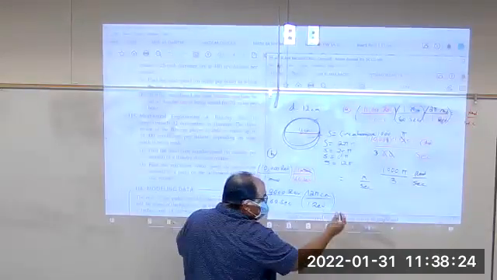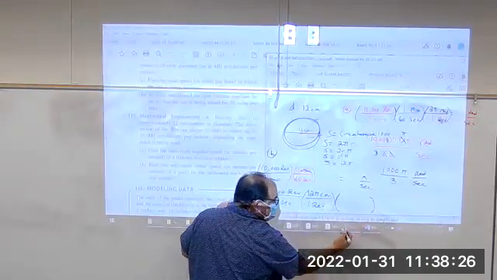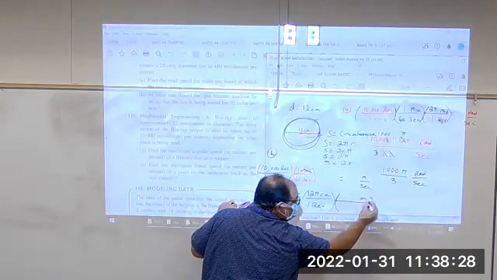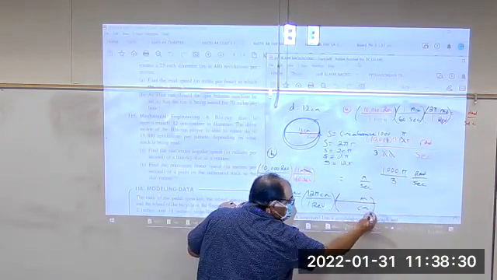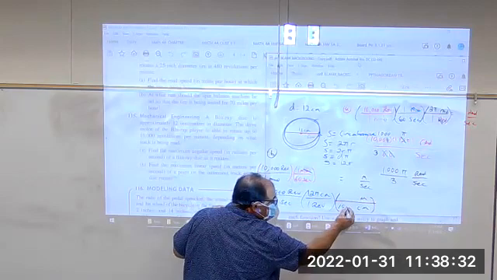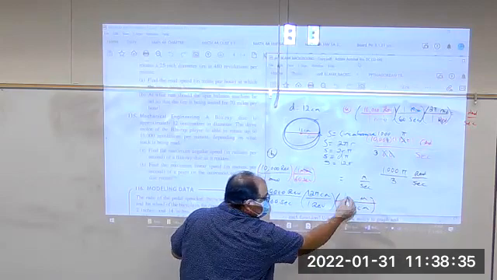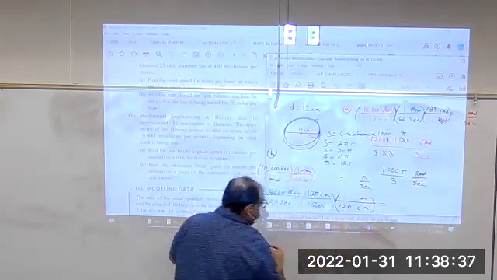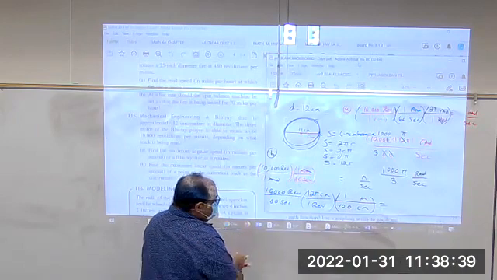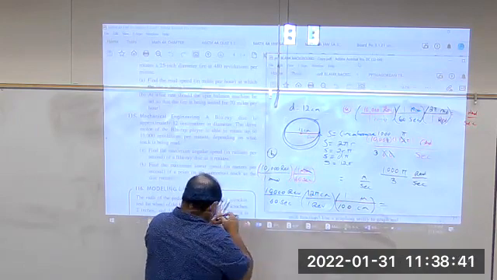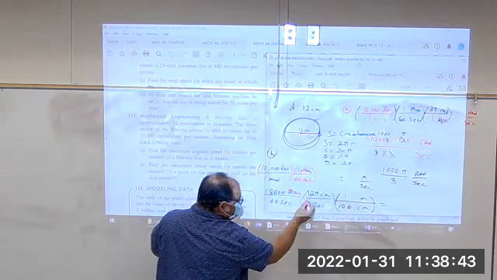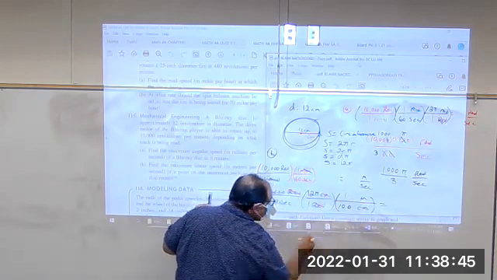I want to get rid of centimeters, and I want meters on the top. So I need to divide by the centimeters, and there's 100 of those for every 1 meter. So now the revolutions reduce, the centimeters reduce.